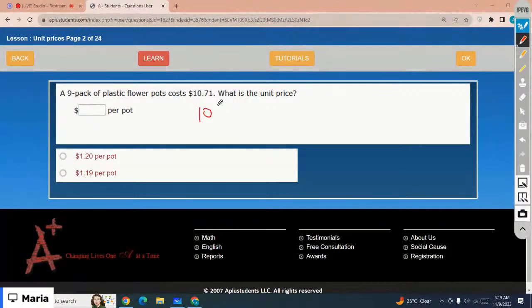So, you have to divide the total cost by the total number of packs. So, 10.71 divided by 9 equals $1.19 per pack. Option number 2 is the correct option.